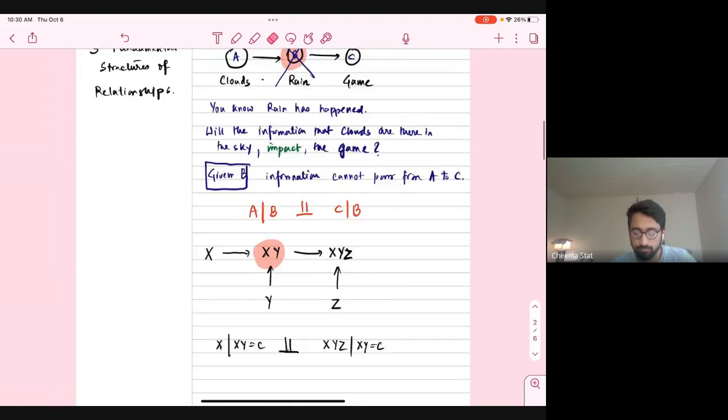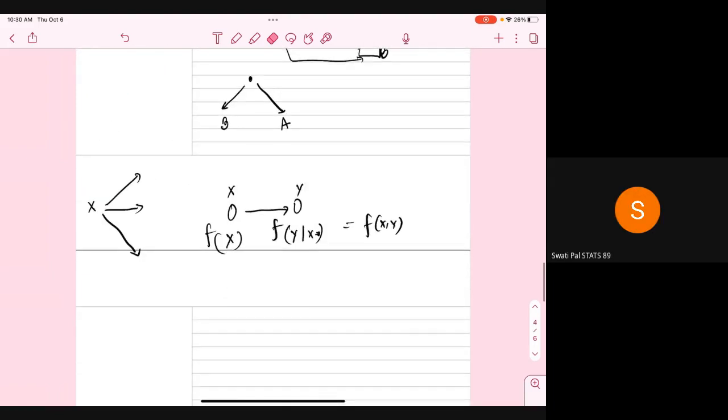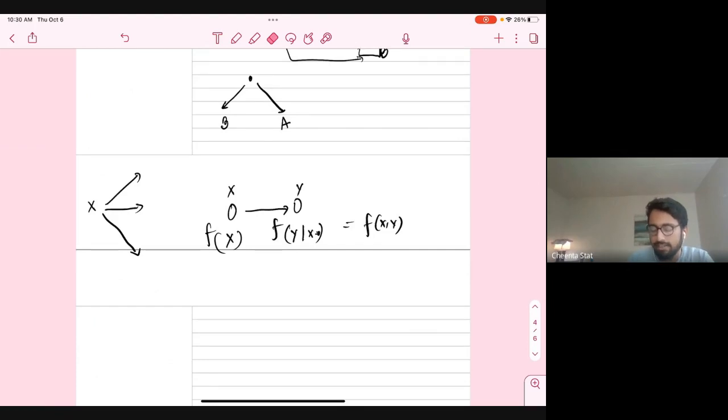Yeah, Swati? So I didn't understand the joint distribution well. Okay, so the idea is that if x influences y, we write it as x arrow y, right?